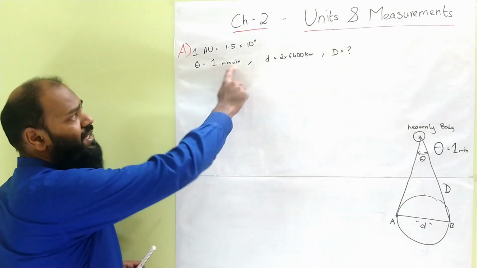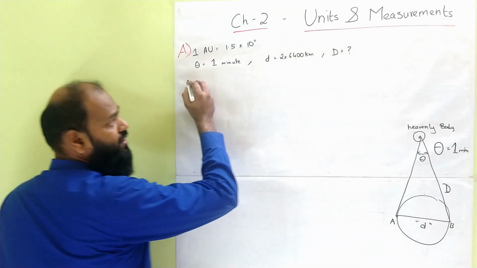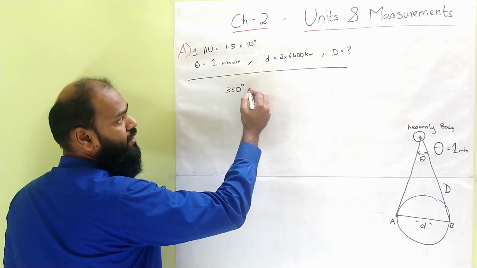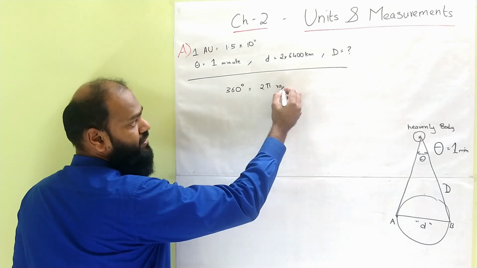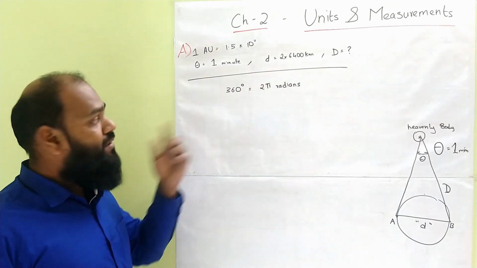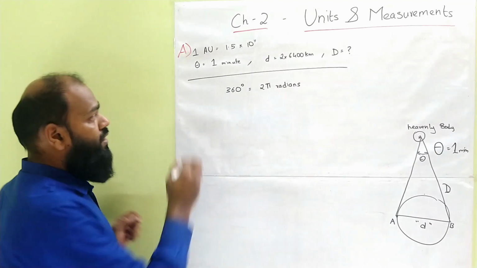Let's start with theta, 1 minute. Now we have to understand that 360 degrees equal to 2 pi radians. This is the basic. 360 degrees equal to 2 pi radians.